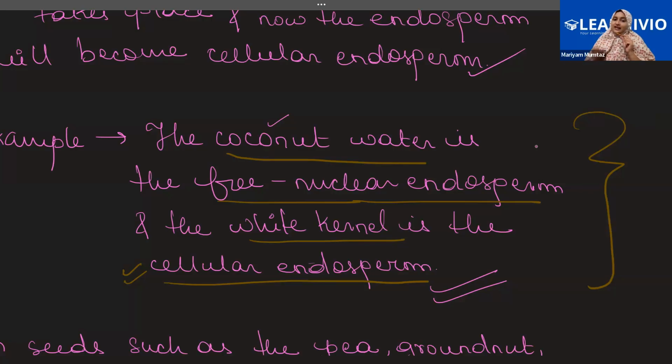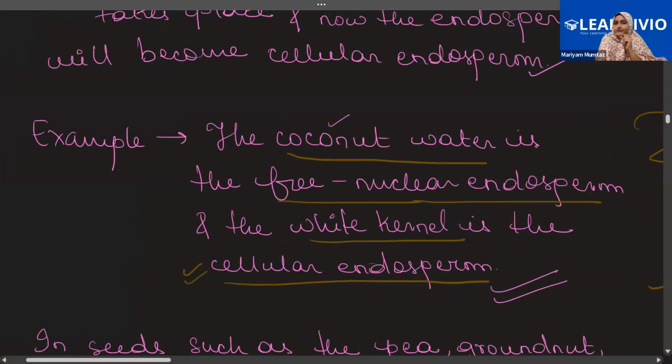It was initially in a multinucleated condition, but then cell wall formation took place. That is why it becomes hard. But the water is like water only because it has no cell wall. Clear?